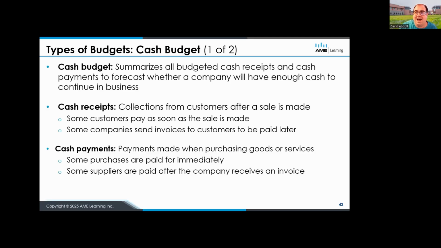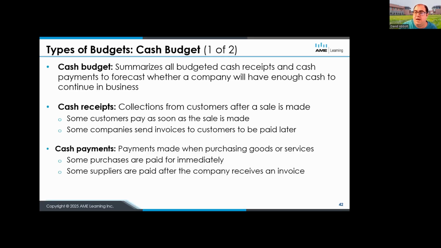Now, cash payments are the payments that we make when we're purchasing goods and services as a business. Some purchases are going to be paid for immediately. There are times where a business might purchase something and pay at the same time. And then some suppliers get paid after the company receives an invoice.